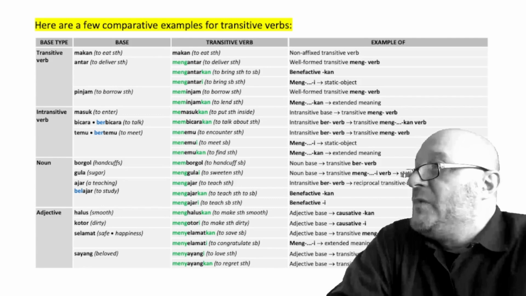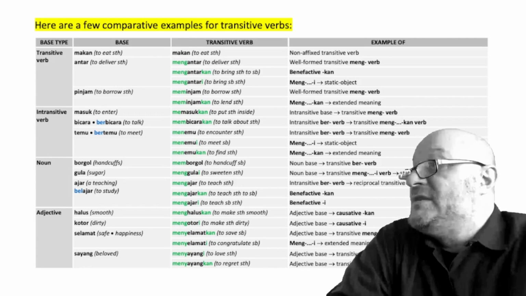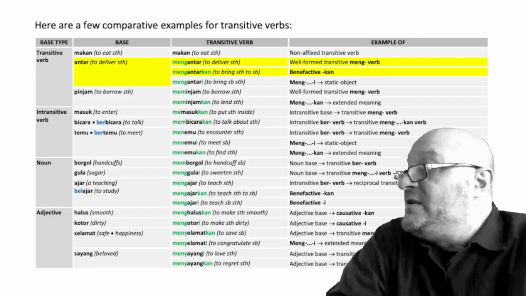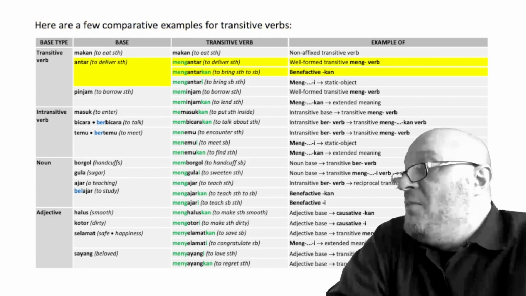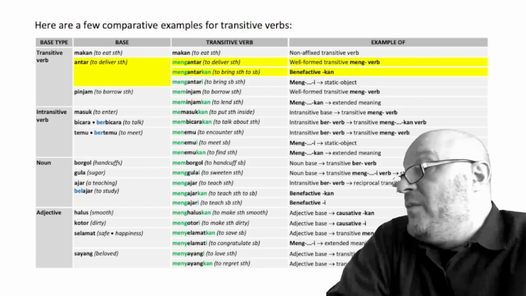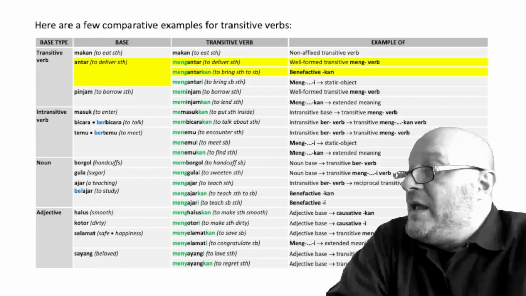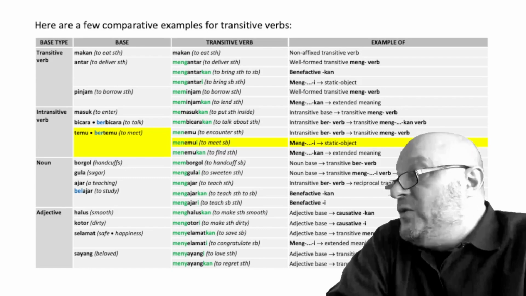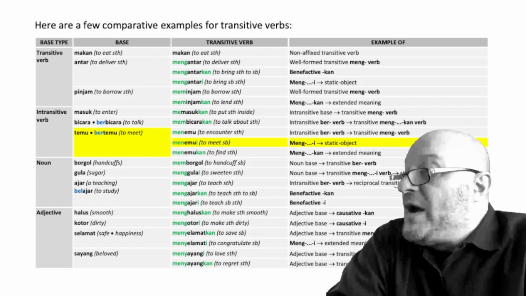Here are a few comparative examples for transitive verbs. With the transitive verb base antar, to deliver something, you can get mengantar, a well-formed transitive verb, or mengantarkan, a benefactive, to bring something to someone. The intransitive verb base temu, as in bertemu, to meet, can combine with meng-i to give menemui, to meet somebody.